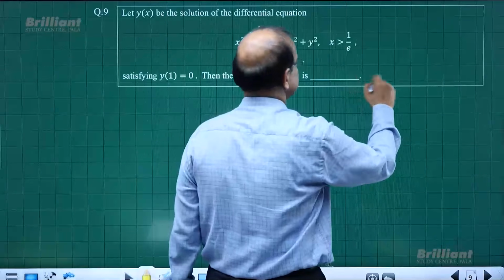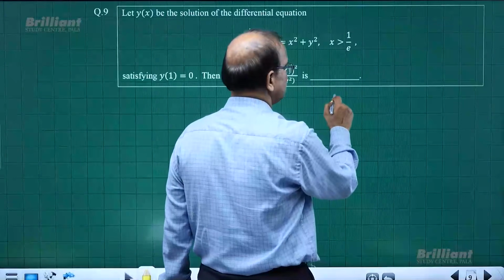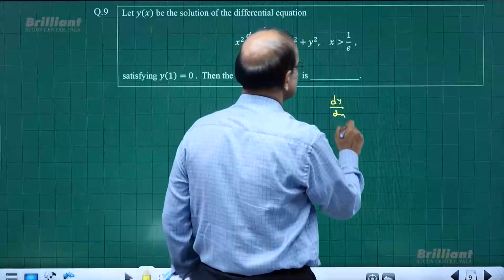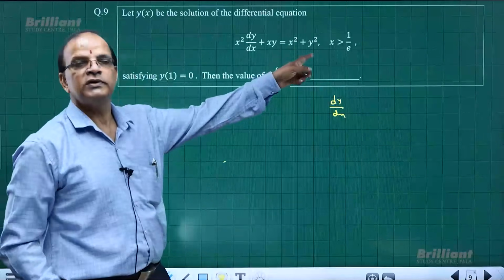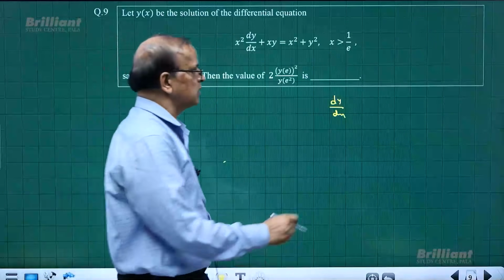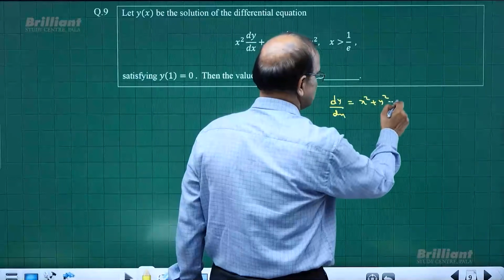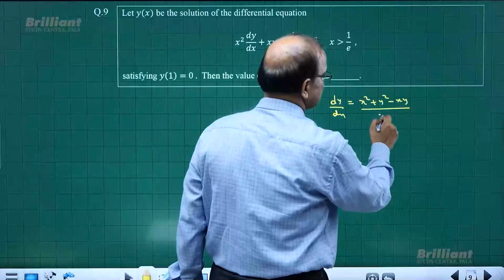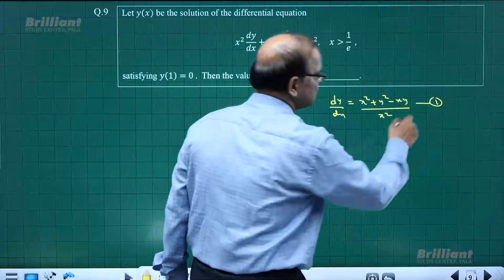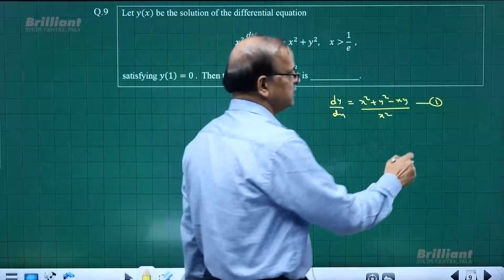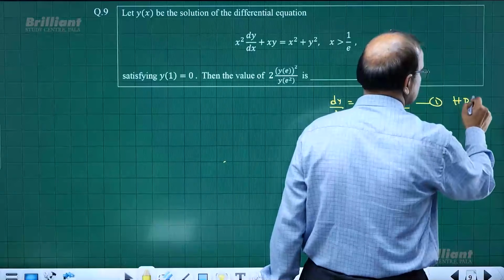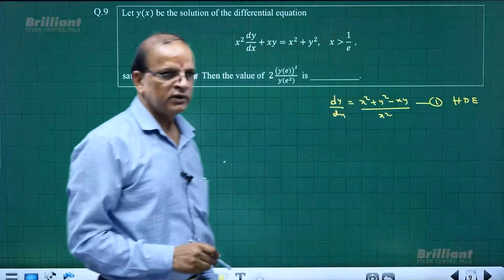So dy by dx is equal to (x square plus y square minus xy) by x square. So this is a homogeneous differential equation of degree 2.